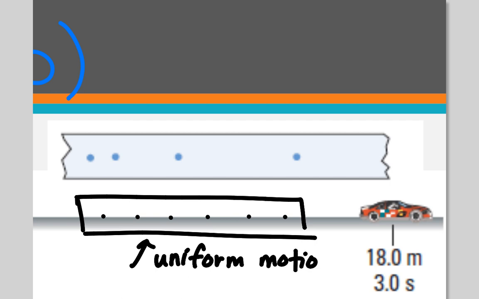I'll have you do that. Just draw a rectangle and just draw evenly spaced dots. If you saw that, you would think uniform motion. But if you see the dots that I have there with the blue, you would think non-uniform motion.